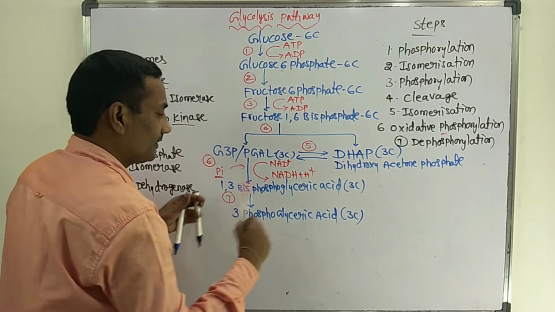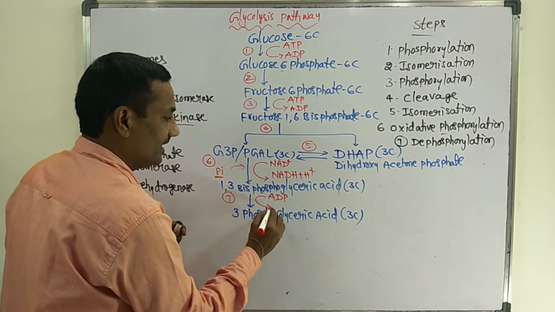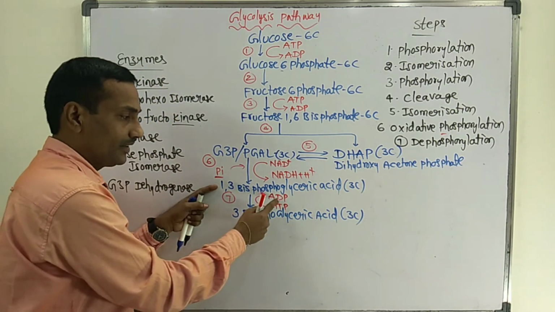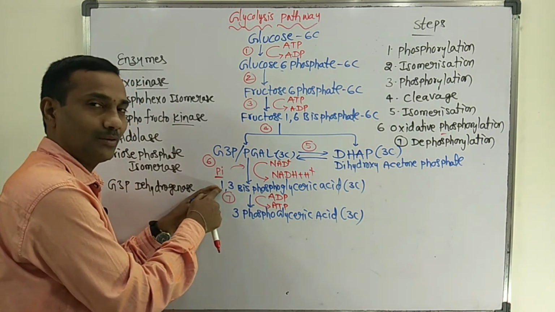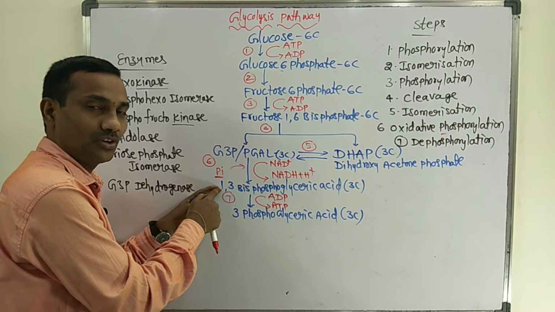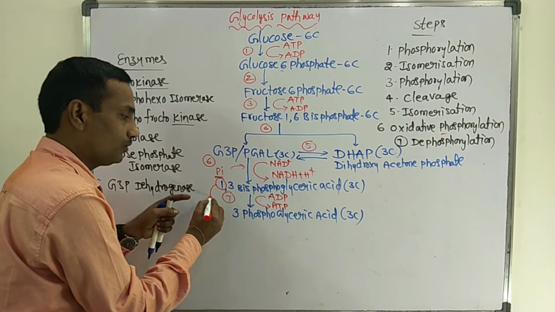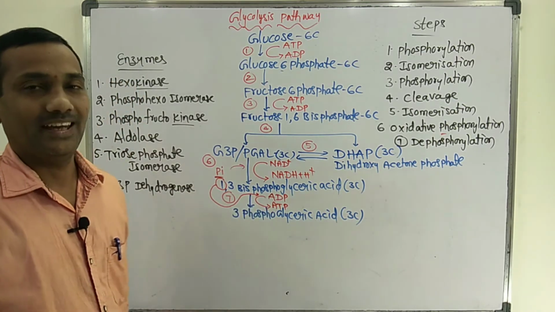One single ATP is produced. ADP converts into ATP. How does ADP convert into ATP? The phosphate on the first carbon of bisphosphoglyceric acid comes outside, then it is added to ADP to form ATP.